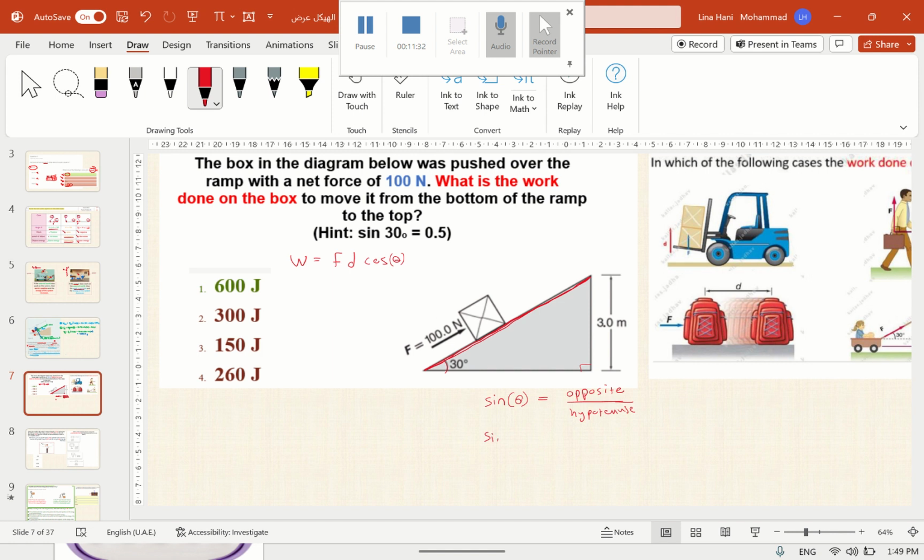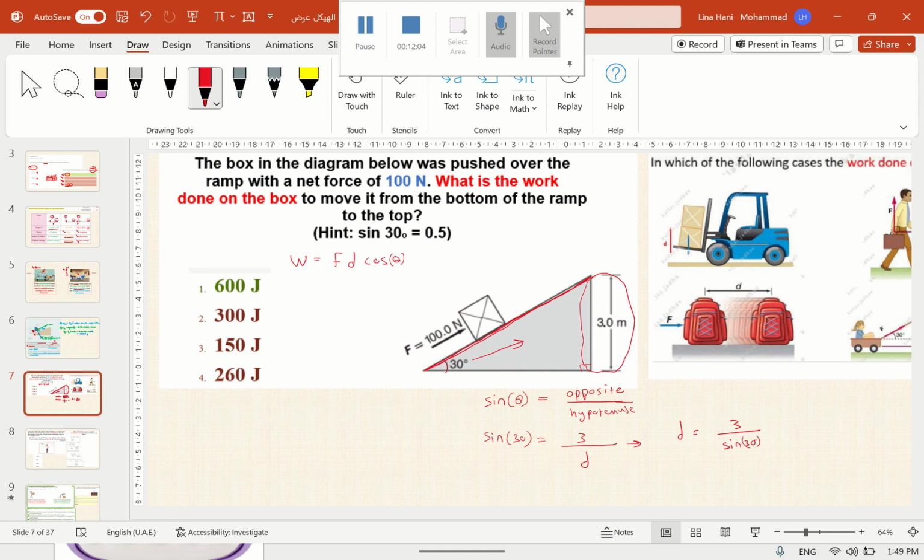Now the angle is 30, equals the opposite of that angle, the side of the triangle that is opposite to the angle is 3, divided by the hypotenuse, which is the same as the distance traveled by the box. Now I use the shift equation to find d, or I rearrange the equation. To rearrange the equation, d would become 3 over sine 30.